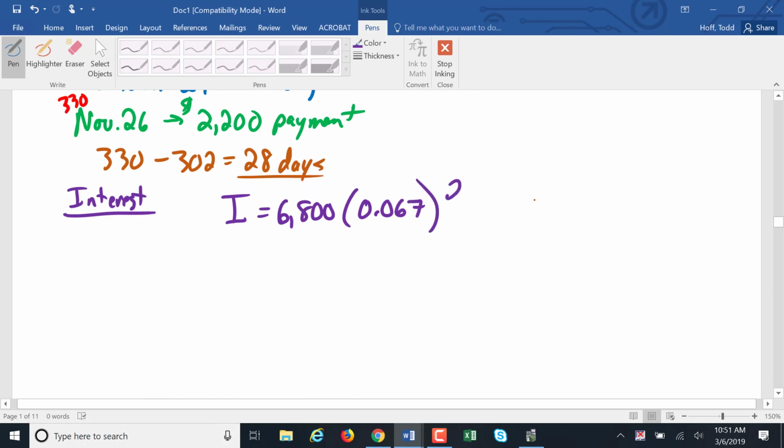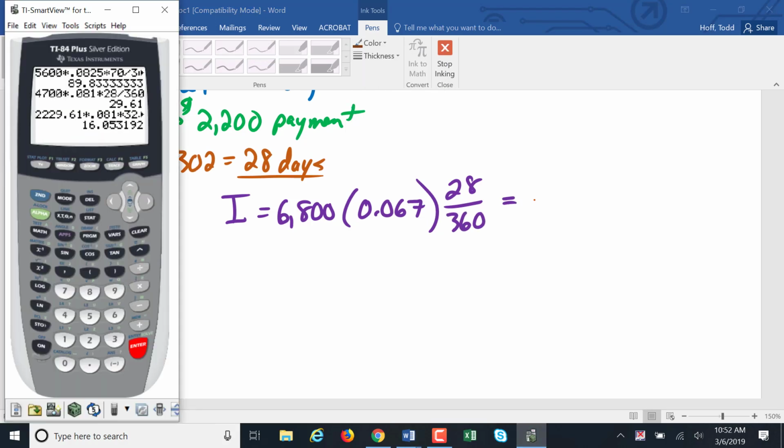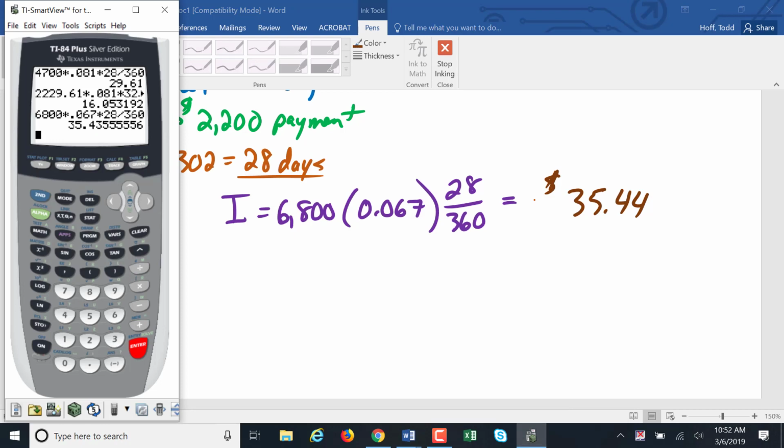Our time is 28 days, and again, it's assumed to be ordinary, so over 360. So 6,800 times 0.067 times 28 divided by 360 is $35.44 is the amount of interest.